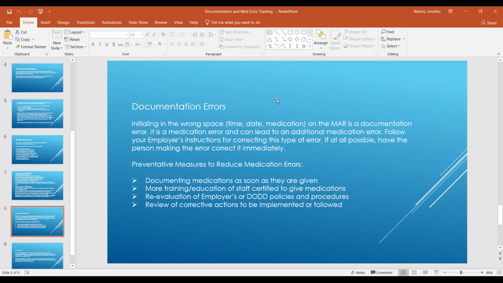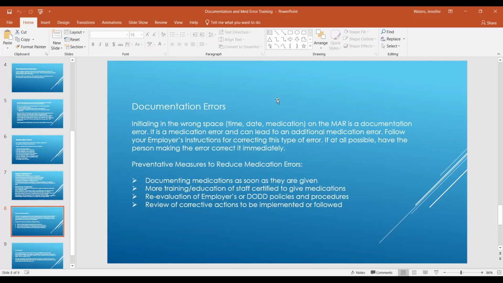Preventative measures to reduce medication errors include documenting medications as soon as they are given. More training, education of staff certified to give medications. Hopefully, this reminder training will be helpful. Reevaluation of employers' or DoDD policies and procedures.